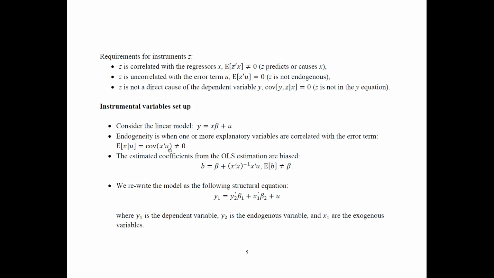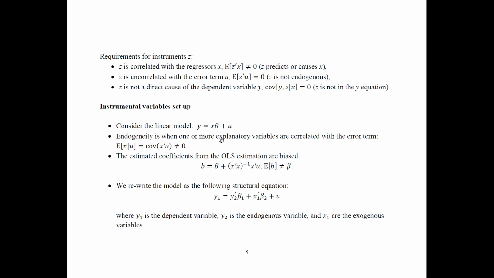Well, what's the problem with that? The problem is that the estimated coefficients from the OLS estimation would be biased because they would be equal to beta plus this expression. If the expectation of this term here is not equal to 0 because the regressors are correlated with the error term, then the expectation of b won't be beta anymore, and we would have biased estimates. That's not a good thing.